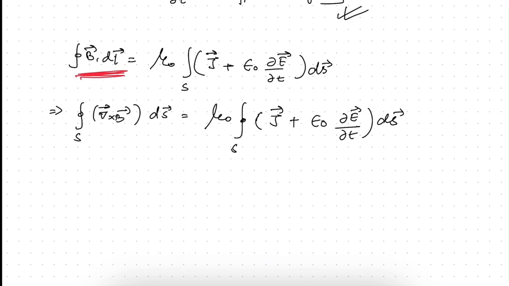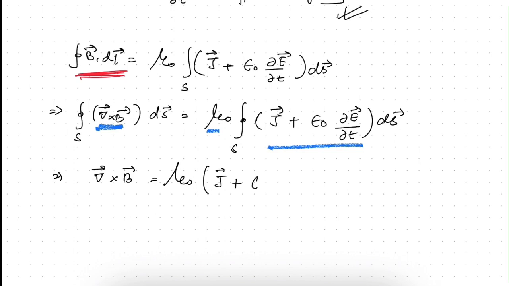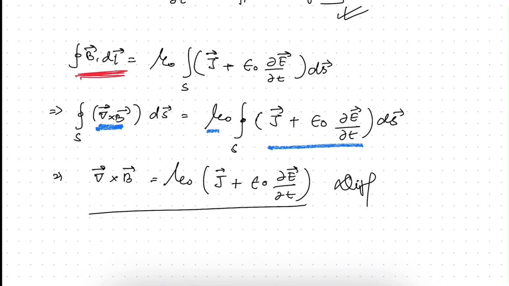So remove the surface integral from both sides, then comparing the right hand and left hand side, we're gonna get curl B equal to mu naught times J plus epsilon naught del E by del t. So this is the differential form.